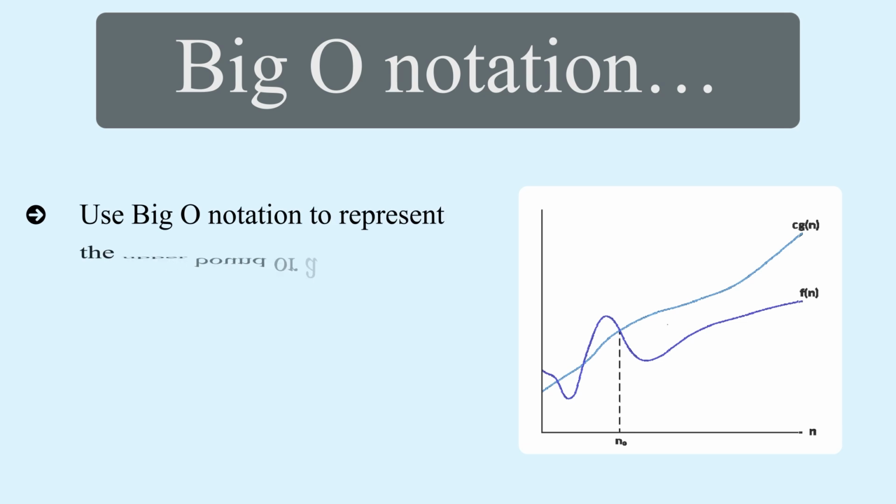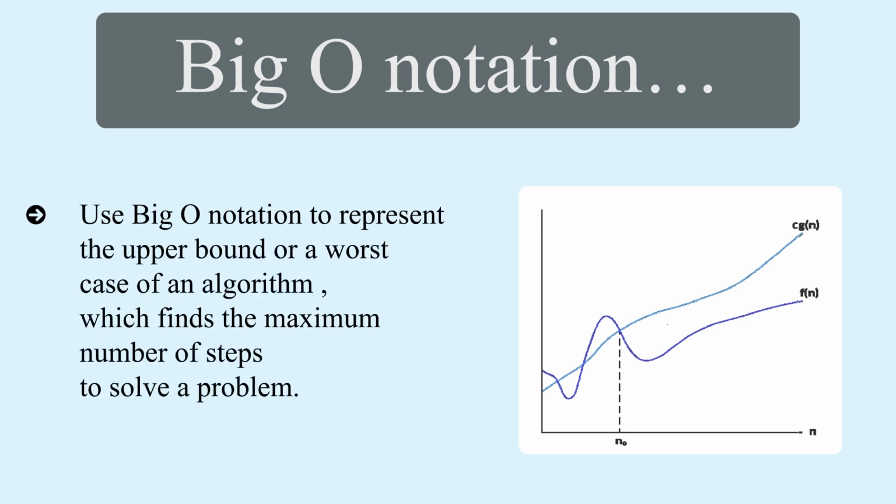Now, in what way can we define this asymptotic notation? There are three basic notations, and let us define them one by one. The very first notation is called big O notation. It is represented with the help of O, and it represents the upper bound or a worst case of an algorithm, which finds the maximum number of steps to solve a problem.